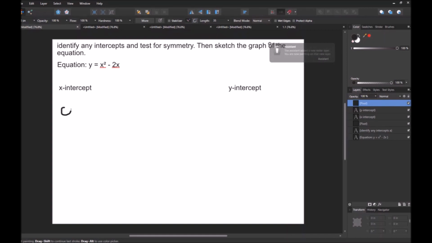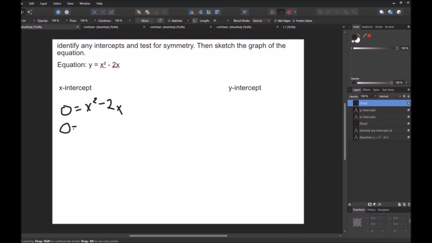So we do 0 equals x squared minus 2x. Now from here you might be wondering how you'd go about doing this, but if you look at both of these terms, x squared and negative 2x, you can see that the thing they both have in common is that they both contain an x, meaning we can factor out an x, and then that should allow us to continue the problem from there.